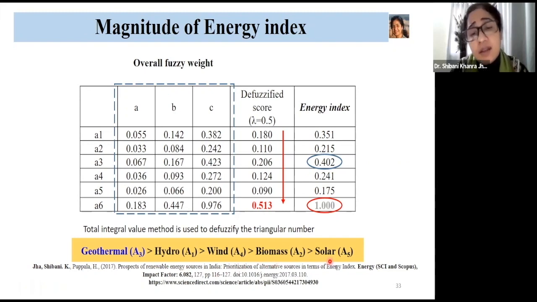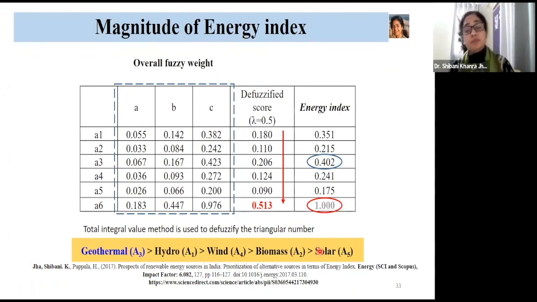So what is the final learning outcome here? Based on those criteria, which were environmental attributes and techno-economic attributes, geothermal shows a very promising source when evaluated on those criteria, followed by hydro, wind, biomass, and solar.